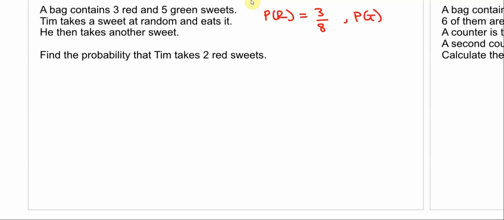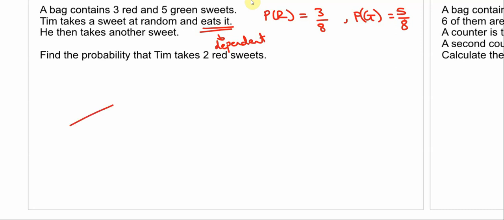And the probability of green is going to be 5 out of 8. Tim takes a sweet at random and eats it. So that's how we know it's a dependent question, because that sweet does not go back into the bag.